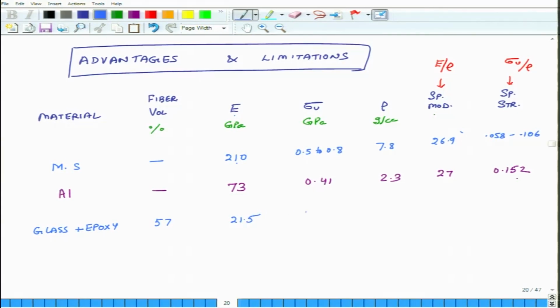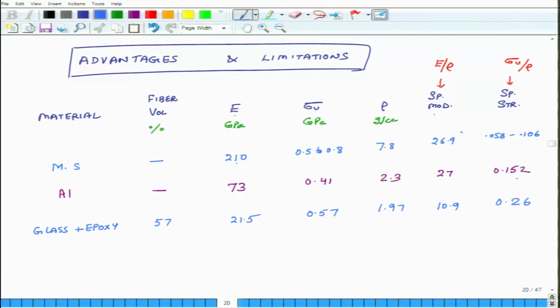Its strength is 0.57. Its density is even lesser than that of aluminum, 1.97, slightly less, not a whole lot. Its specific modulus is 10.9 and its specific strength is 0.26.